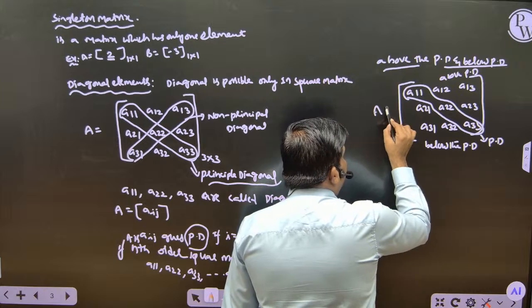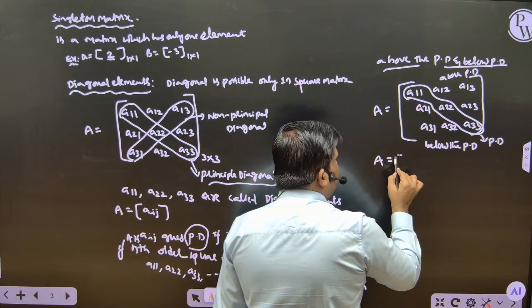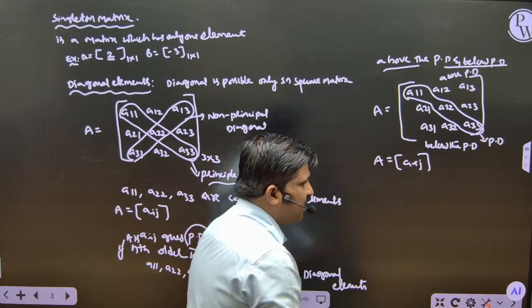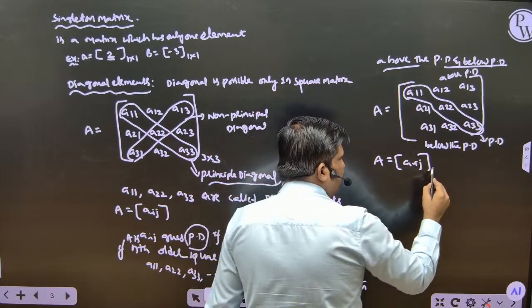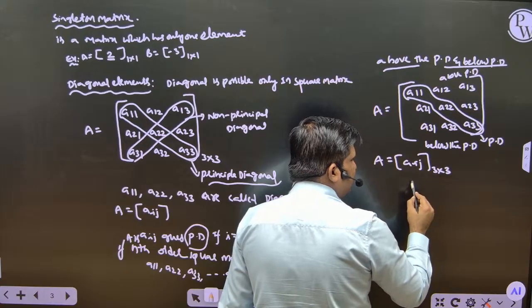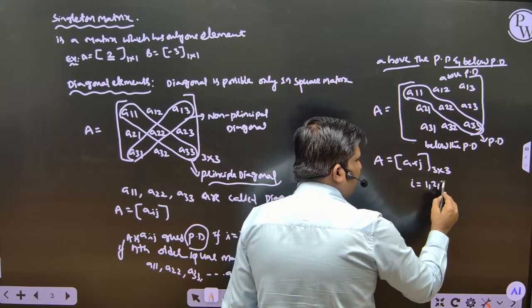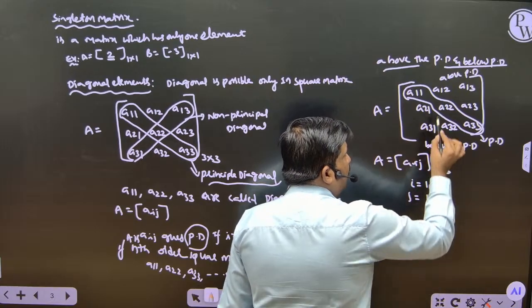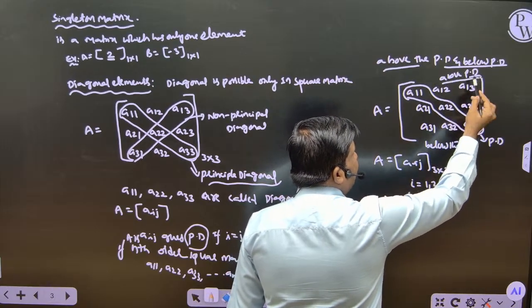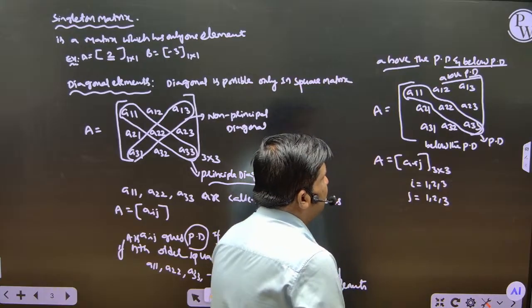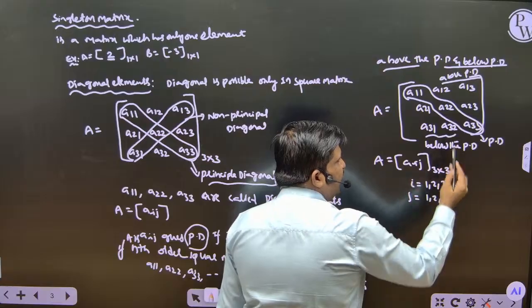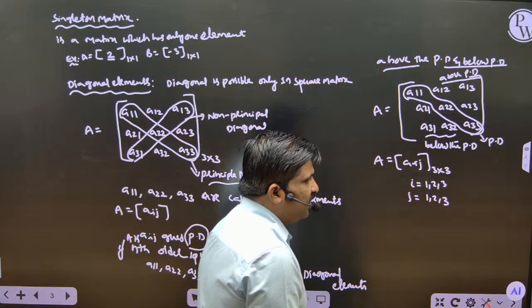Generally the matrix, as I have already told you, can be represented in the simplest form. If it is a 3 by 3 matrix, i takes 1, 2, 3 and j takes 1, 2, 3. These are the elements that lie above the principal diagonal, and these lie below the principal diagonal.